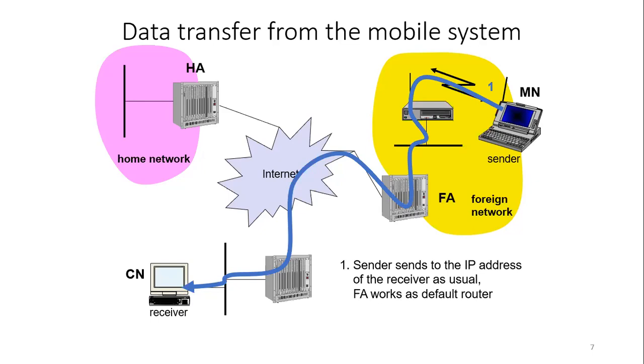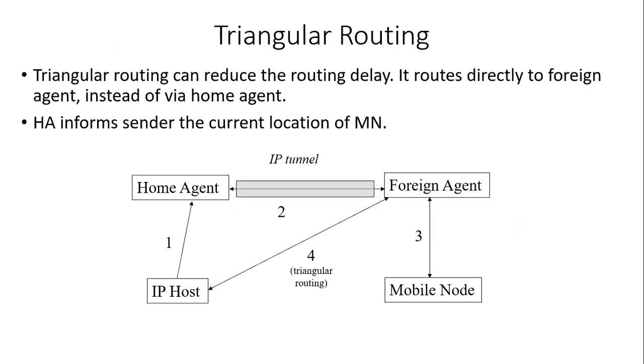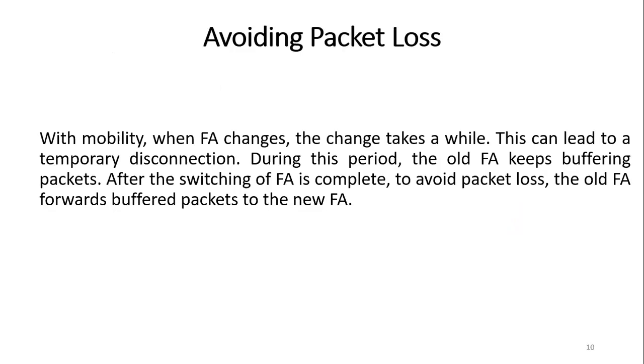Once you are connected to a new FA, these packets are forwarded from the old FA to the new FA, and the new FA will be sending you the packets. So packet losses can be avoided, but it is not always necessary.